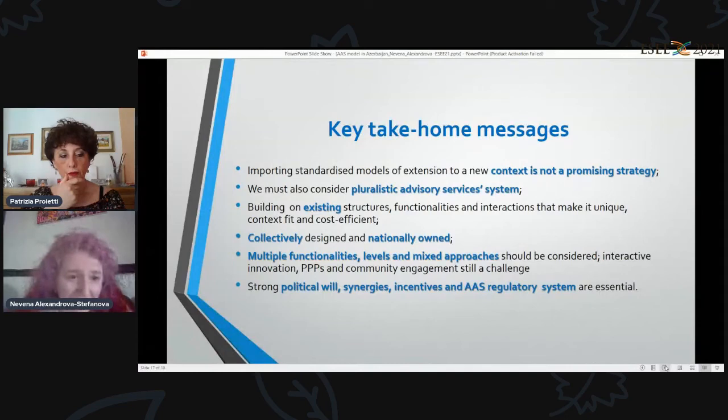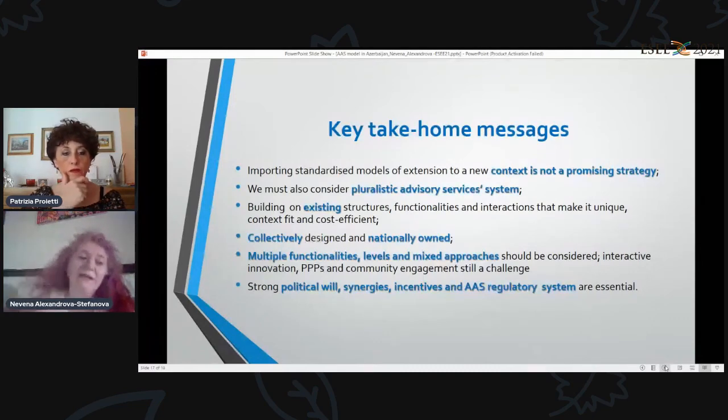One that is very important: importing standardized models of extension to a new context is not a promising strategy. We need to consider pluralistic advisory services as a system in order to bring more innovation and scale it up fast.